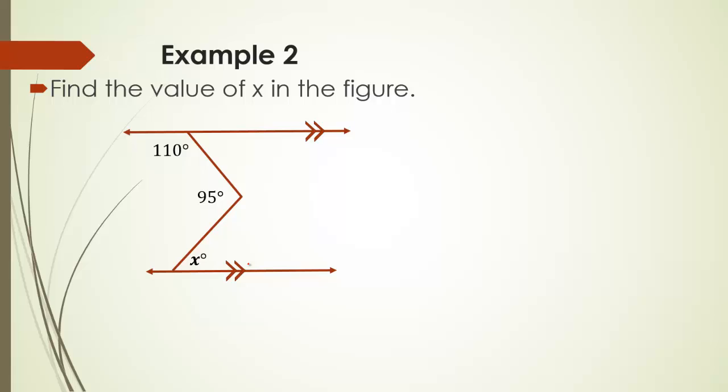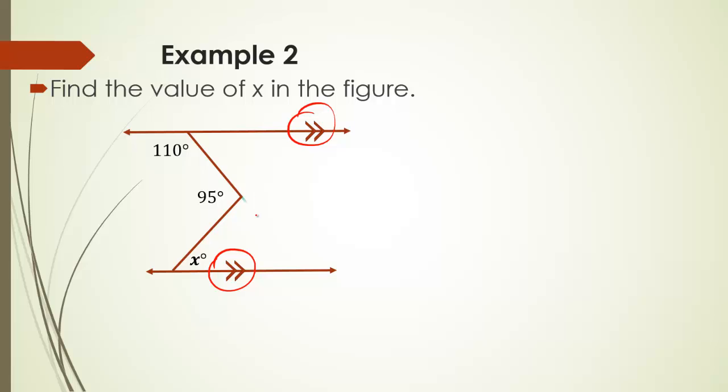Let's take a look at another example. Find the value of x in the figure. Now you might be saying to yourself, how am I supposed to figure that out? I've got all these angles, but nothing that helps me here. These marks here mean that these two lines are parallel. That's going to come in helpful, especially after what you learned about parallel lines yesterday.